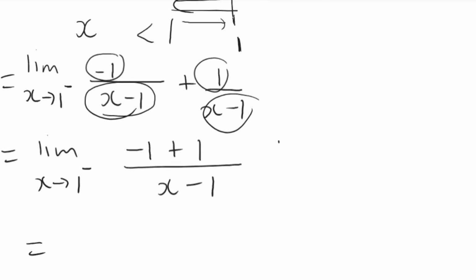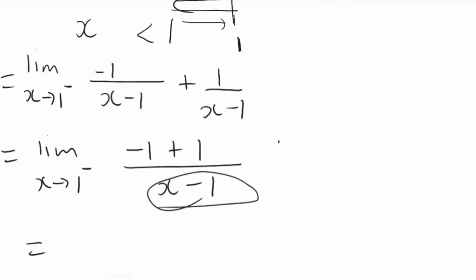That's why we took this negative that was supposed to stay here and took it on top to stay with minus 1, so that you can clearly see we have the same denominator there. Having the same denominator, that is x minus 1, we can write it as a single denominator and add the numerators. That is minus 1 plus 1.